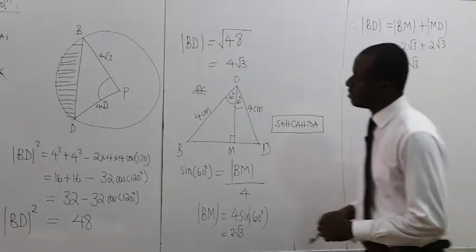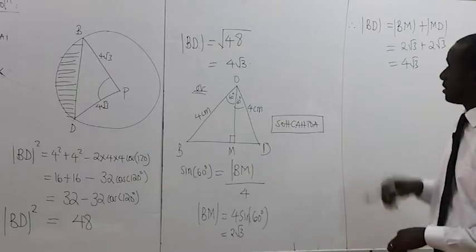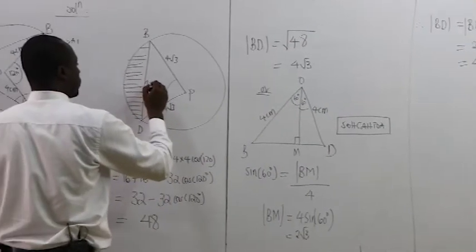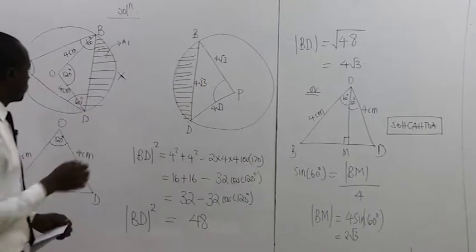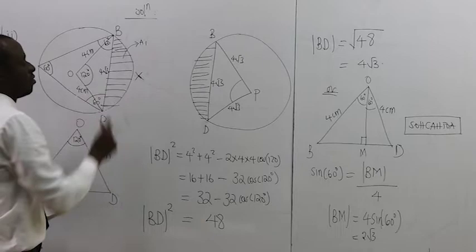Wow, that's very, very nice. So clearly, you see, this is 4 root 3, this is 4 root 3, and this one is 4 root 3. Yeah, that is the BD.